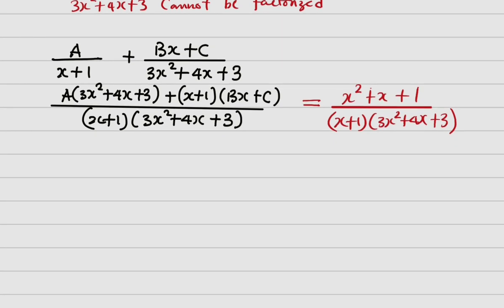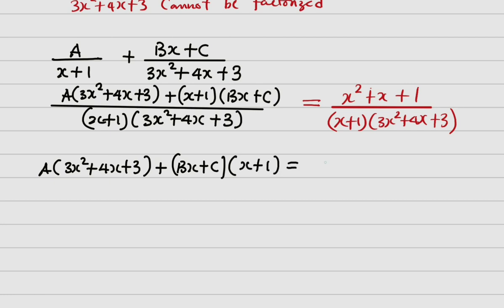So the numerators will be the same. So at the end of the day, I have a into 3x squared plus 4x plus 3 plus bx plus c, into x plus 1, will be equals to x squared plus x plus 1.